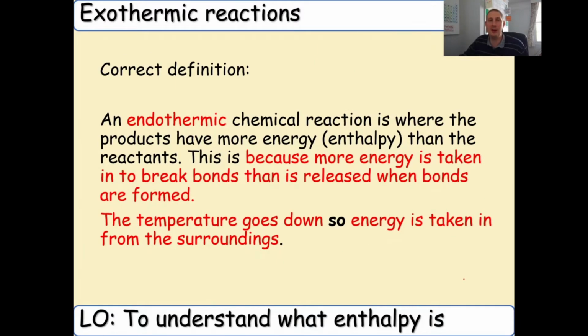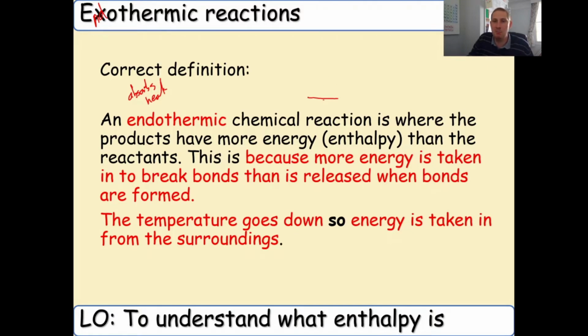Again, think about endothermic reactions. I'm going to just change the title there. Endothermic reactions. An endothermic reaction, so one that absorbs heat, is one where the products have more energy than the reactants.